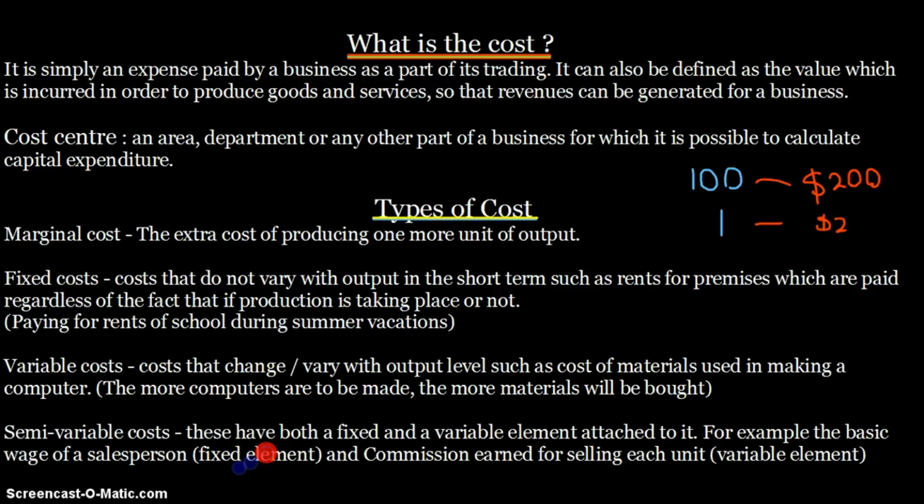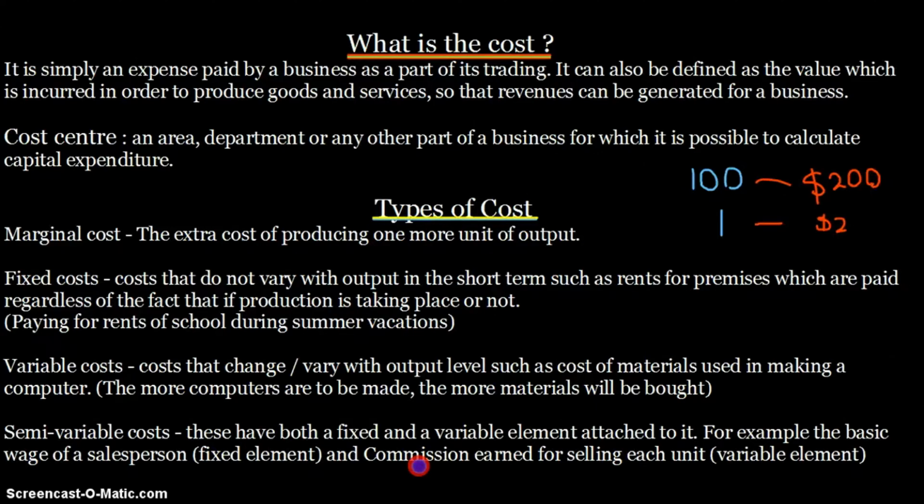The wage is the fixed element, so you will be paid, let's say, $300 per month, and you will earn a commission for selling each extra unit, that is the variable element. So let's say they have a basic wage of $300, but for each life insurance policy that they sell, they'll get $30 more.